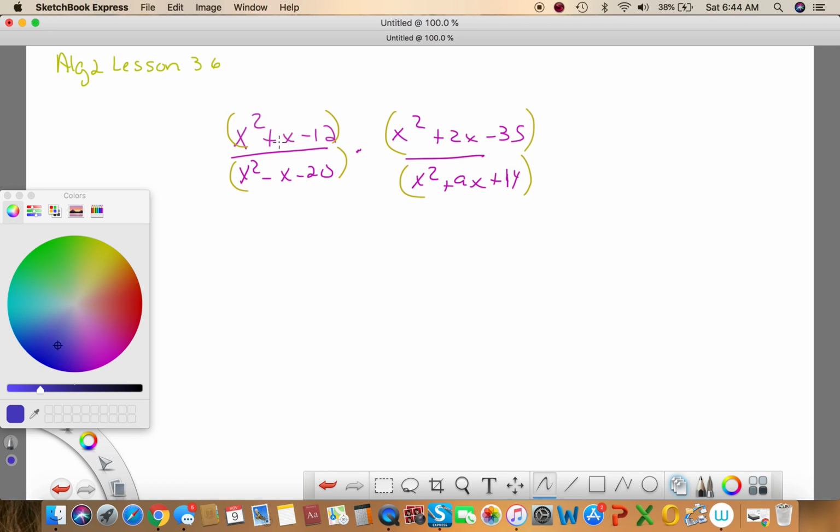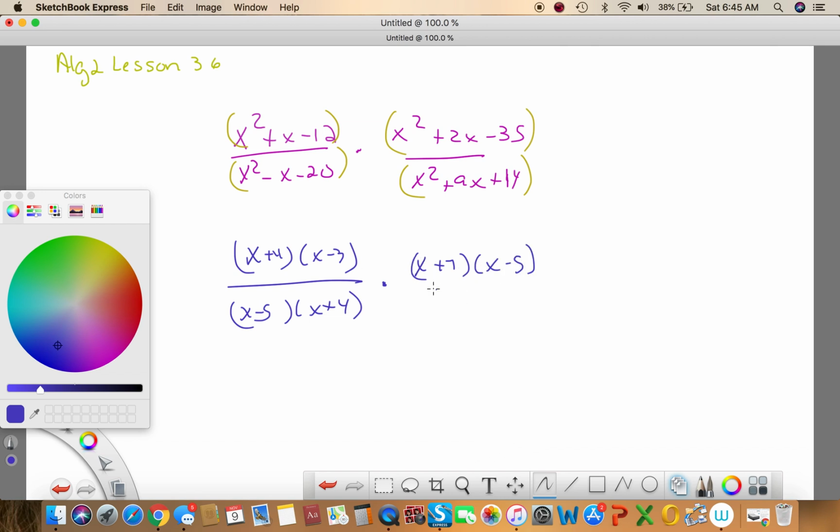So the first thing I should do, none of these are the same, but let's see if they're factorable, which we know how to factor. So x plus 4 times x minus 3 over x minus 5 times x plus 4, times x plus 7 times x minus 5 over x plus 7 times x plus 2.